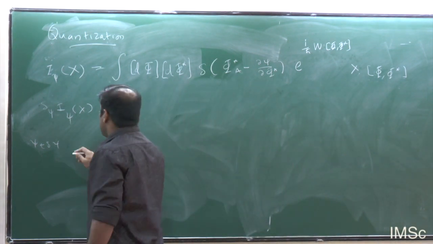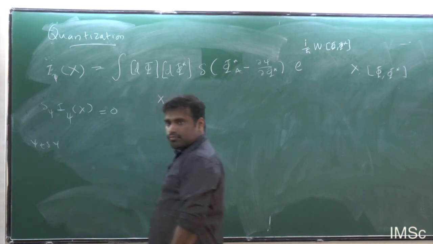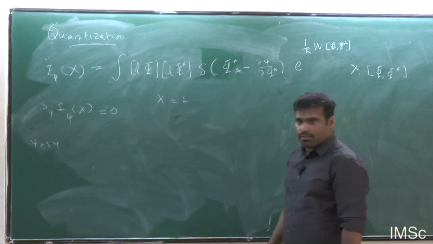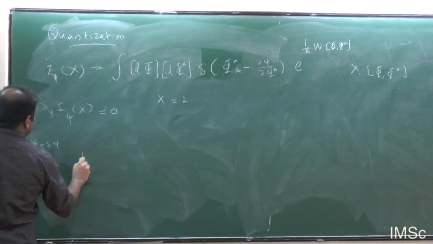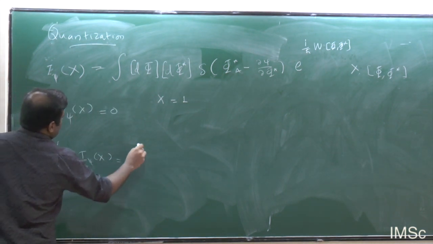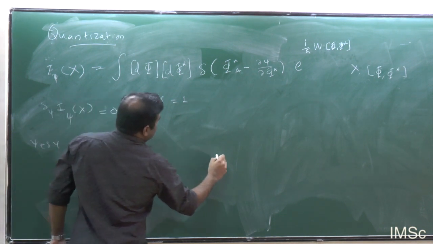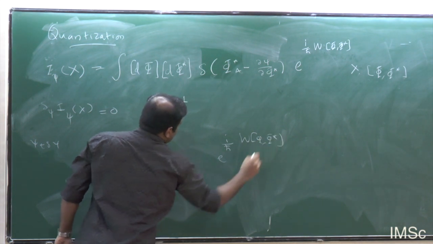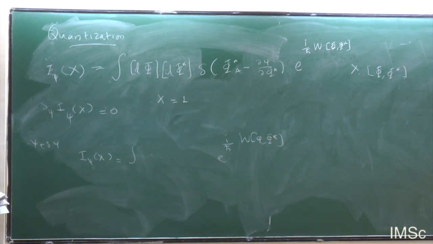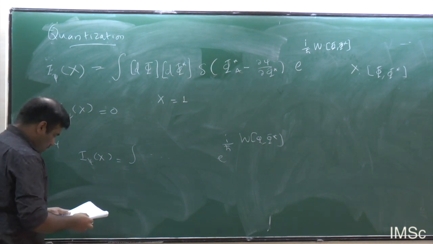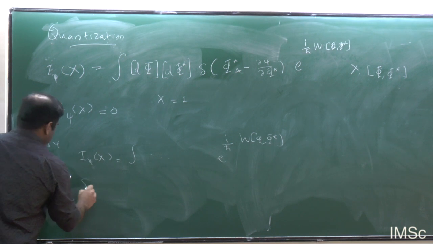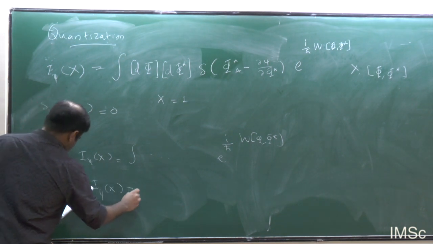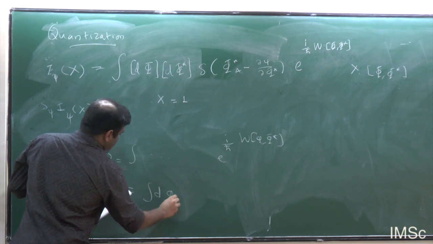So let's say I start with a situation where X is identity. So I'm going to study the free energy. So I have I psi X, which is the integral of d phi, and then e raised to i over h bar W. One can find the deformation, and that's not very difficult. And check that the deformation delta I psi X equals the integral of d phi.